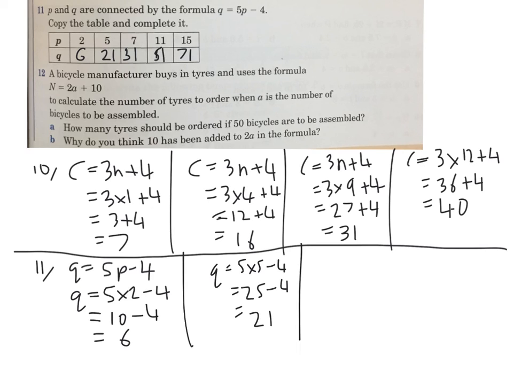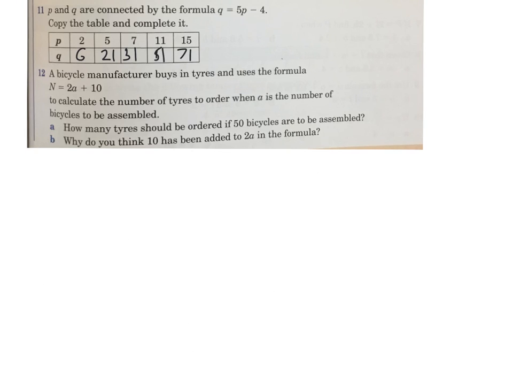And finally, number 12. Maybe need another page. Okay, question 12. A bicycle manufacturer buys tires and uses the formula n equals 2a plus 10 to calculate the number of tires to order when a is the number of bicycles to be assembled. So a is the number of bikes and n is the number of tires to order.